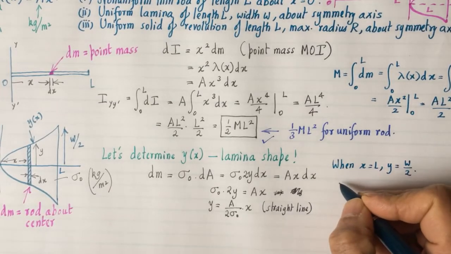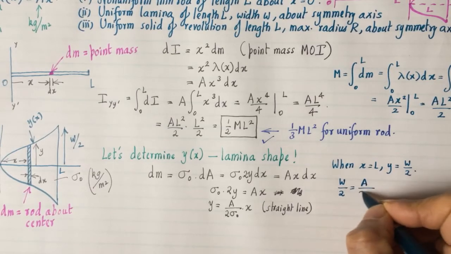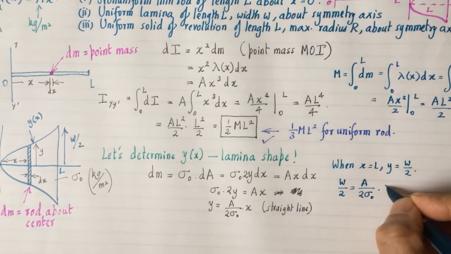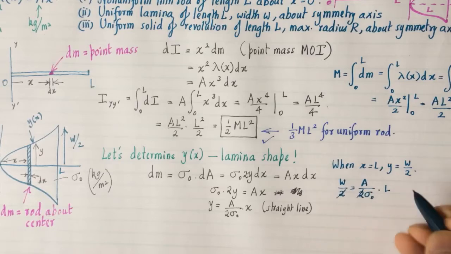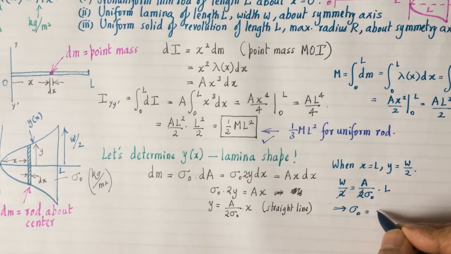Let's use that condition. So I get W over 2 equals a over 2 sigma naught times L. The 2's cancel out, and I immediately get sigma naught equals AL over W.